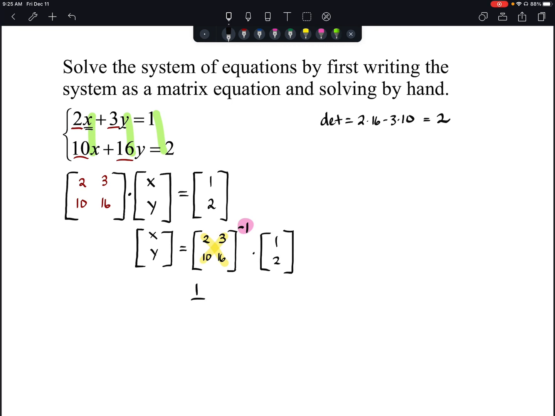So remember, that would be 1 over the determinant times our 2 by 2, where we're now going to flip-flop these two. So 16 is up here, 2 is down here, and then we're going to take the opposite of this and the opposite of that. So that would be a -3, and this would be a -10. And we're still multiplying it by this 2 by 1 matrix, that's 1 over 2.